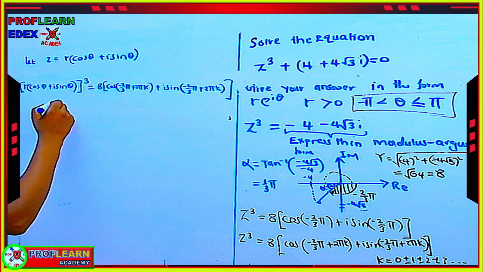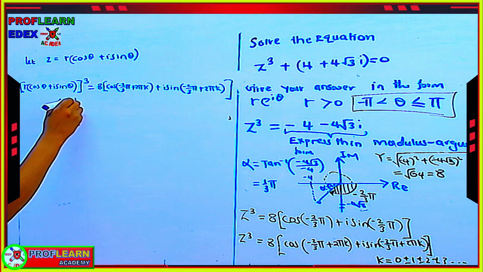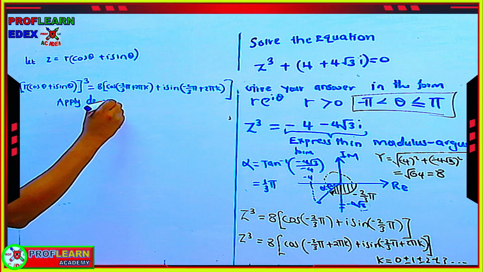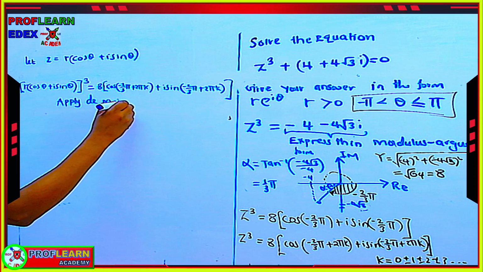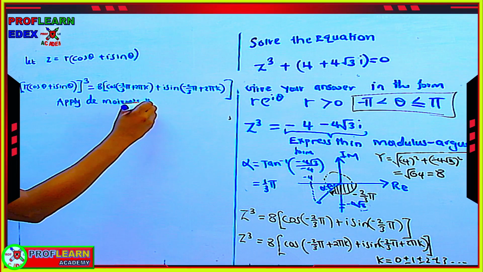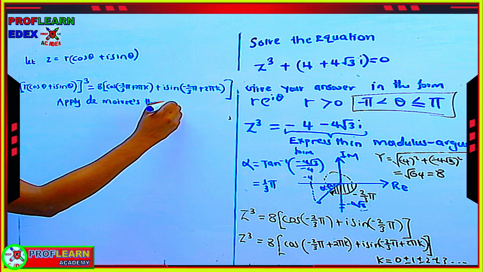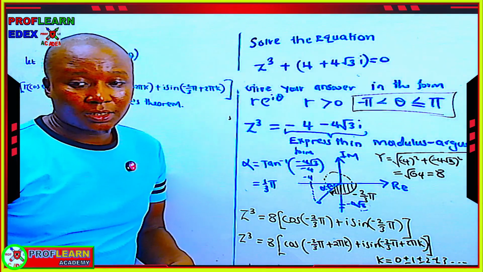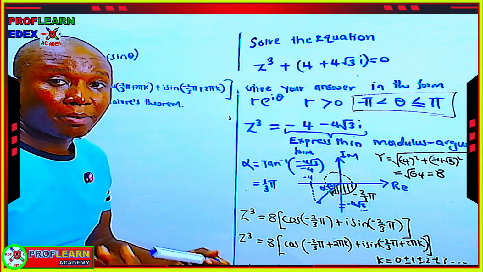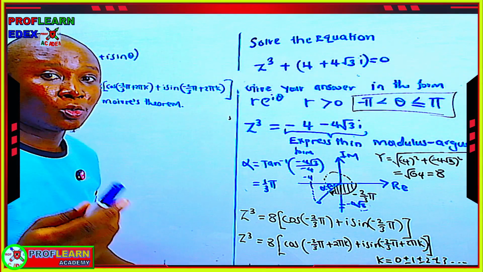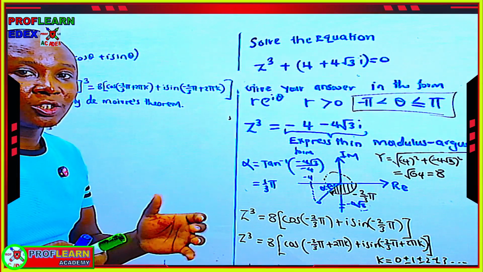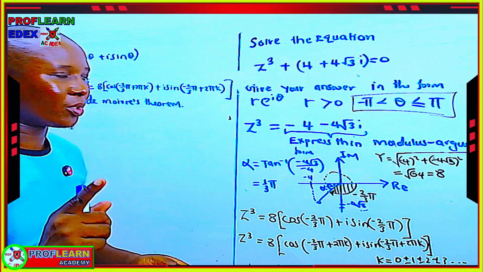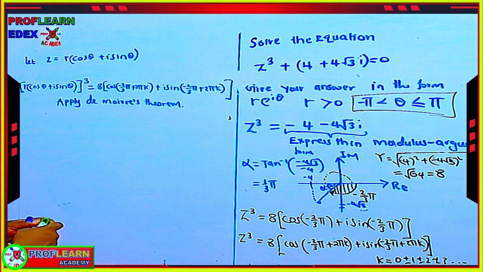Now, since we're going to apply Moivre's theorem, when you apply Moivre's theorem, it means that if a complex number is raised to a power, the modulus is going to be affected by that power. So the modulus is going to be raised to that power, according to Moivre's theorem.